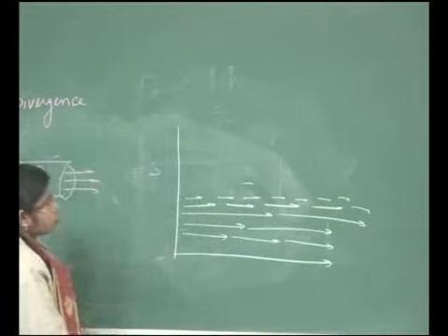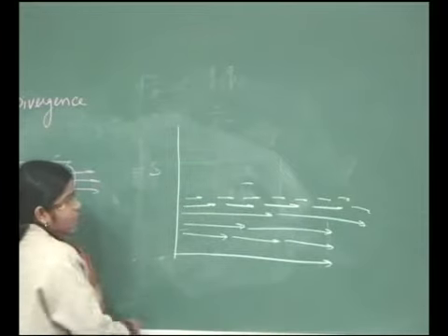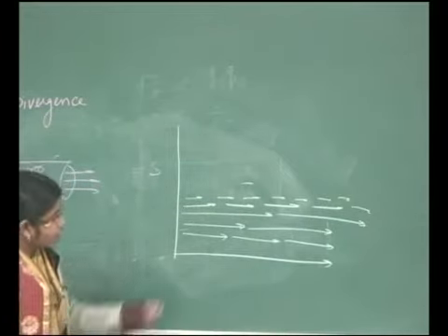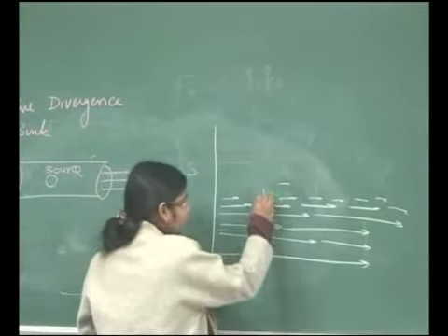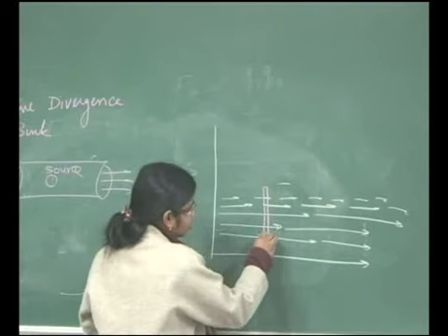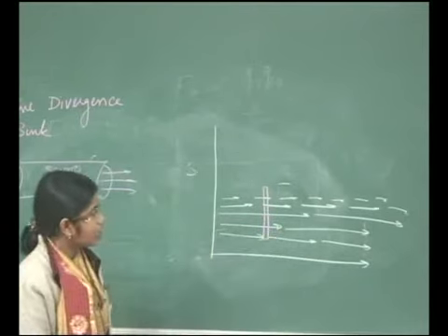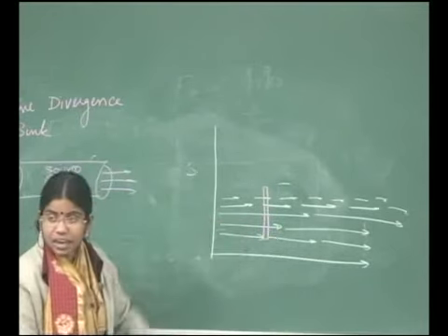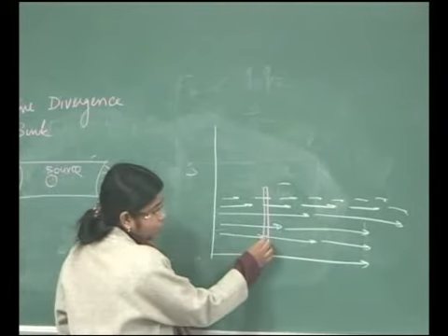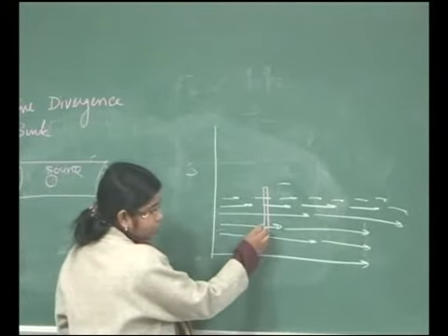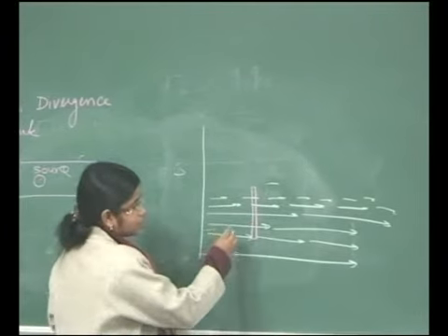So length of this arrow shows me electric field is in this direction. Now what I do, I put a charge sheet in this electric field. Now you would see here the electric field is more, here it is even greater, and here it decreases.